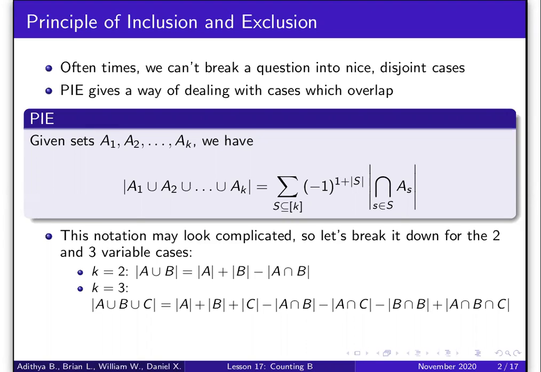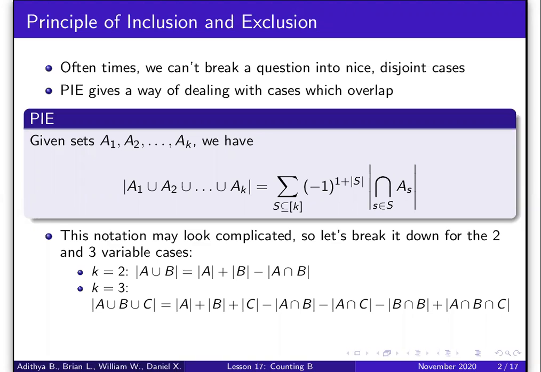So in general, the magnitude of the union of A1 through AK is going to be equal to the sum of all their magnitudes minus the sum of the magnitudes of their pairwise intersections, and then plus the sum of the magnitudes of the intersections of triplets, and then minus, and then so forth.